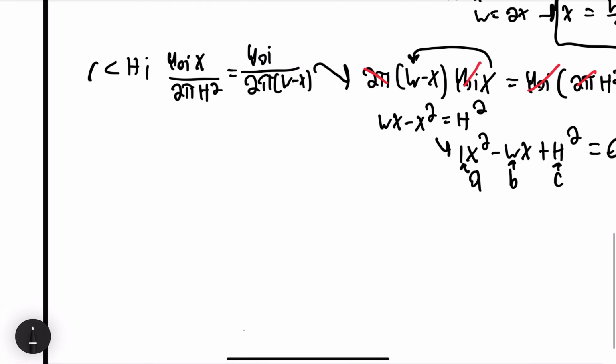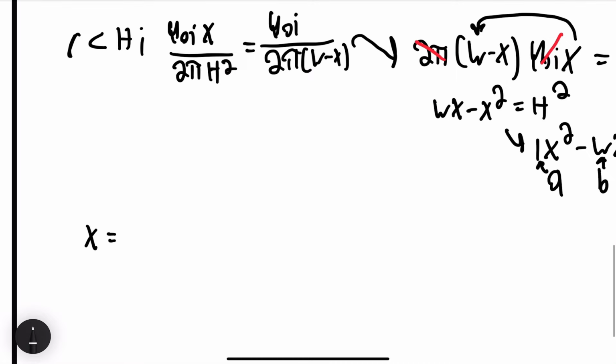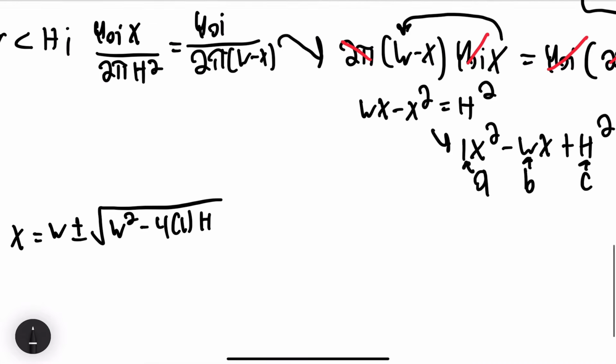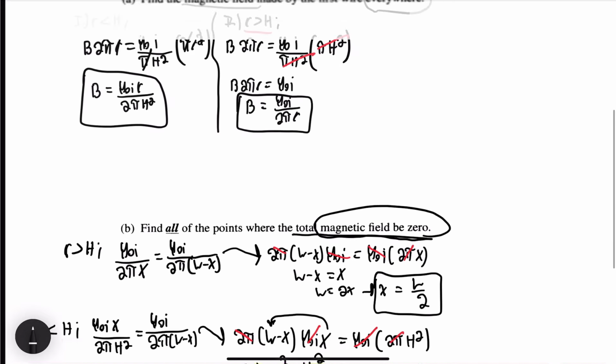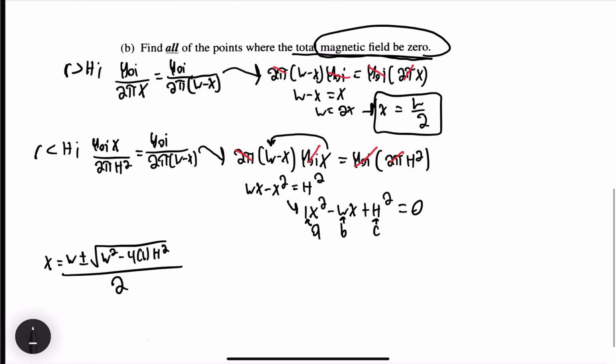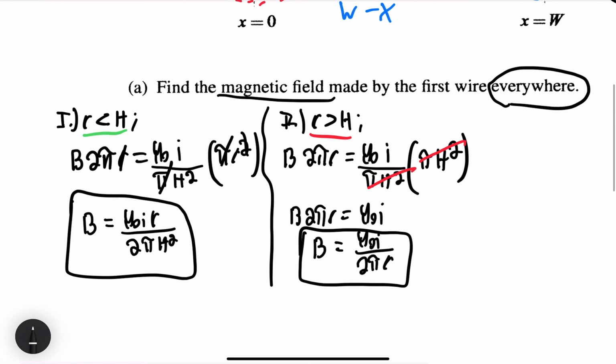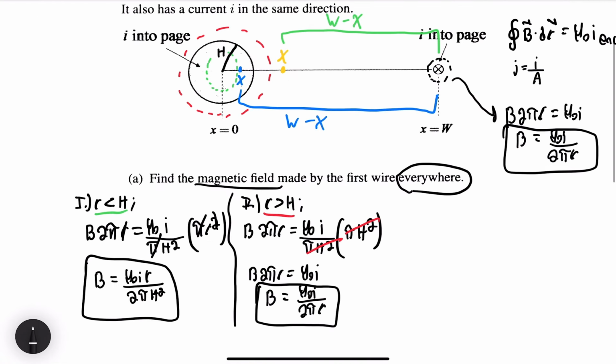So we would have x is equal to negative b, negative is positive, so it's just w, plus or minus the square root of b squared, which is w squared, minus 4a, which is 1, c, which is h squared, all divided by 2a, which is 2 times 1, so that's 2. And then in this case, we're saying that this solution is for when x is less than h.